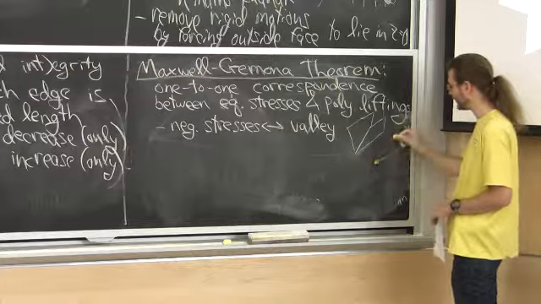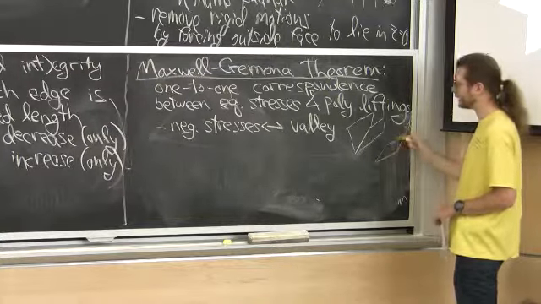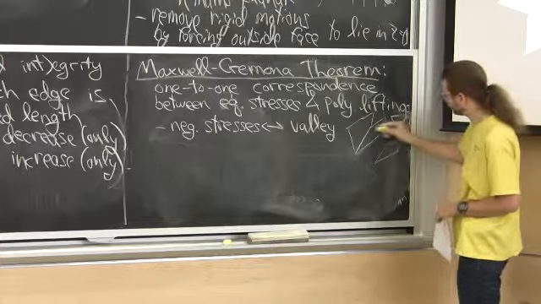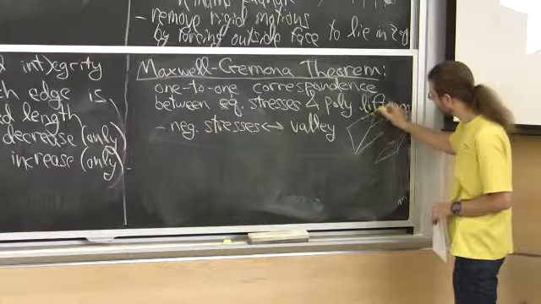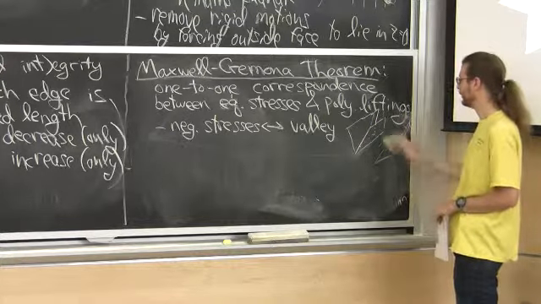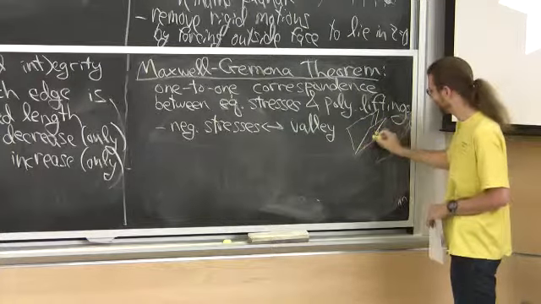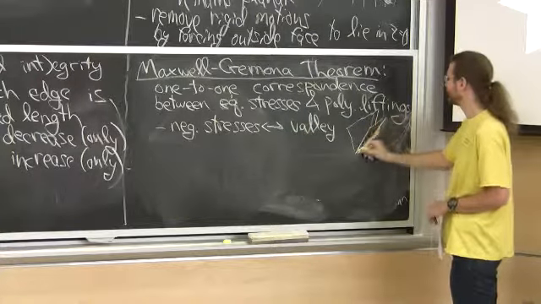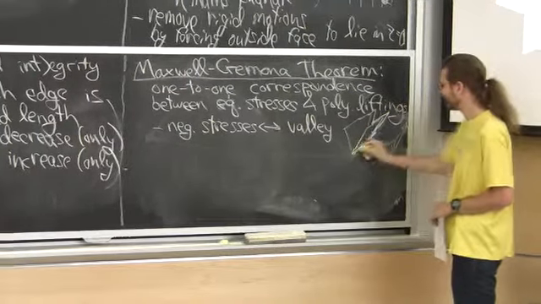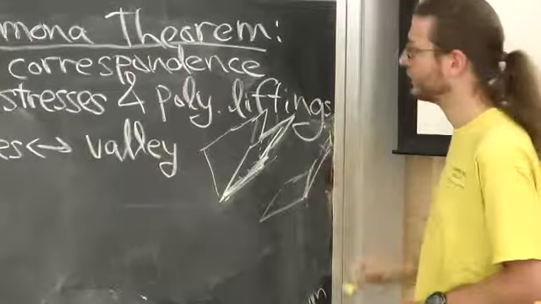So this would also be considered a valley because it has sort of negative dihedral angle. Wow, this is really hard to see. What I meant was something like this. That's a valley edge here. This is another valley edge here. Okay, whatever.